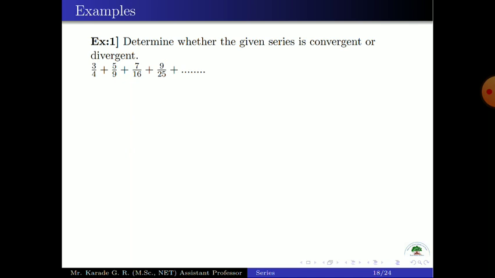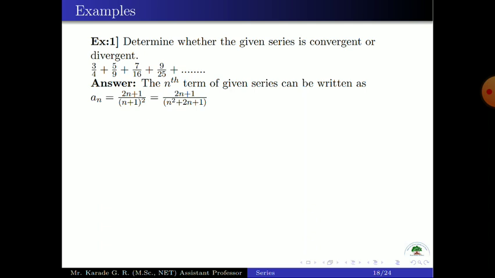Can you guess what will be the nth term of this series? We write the nth term an is equal to 2n plus 1 divided by (n plus 1) square. If we simplify this, an is equal to 2n plus 1 divided by n square plus 2n plus 1.